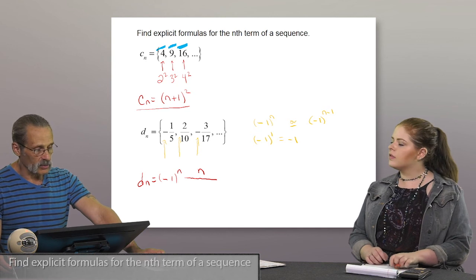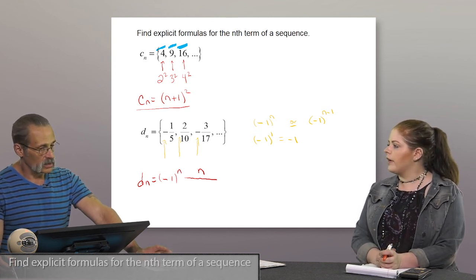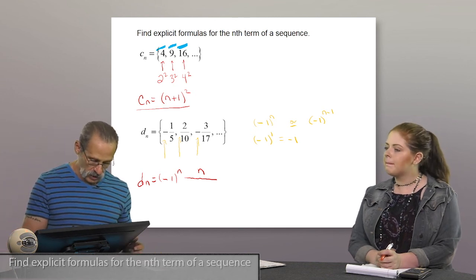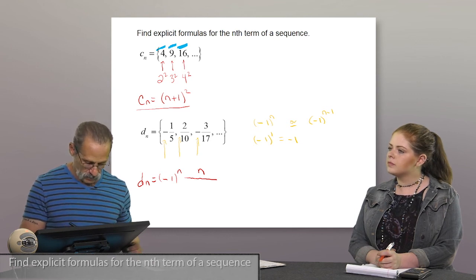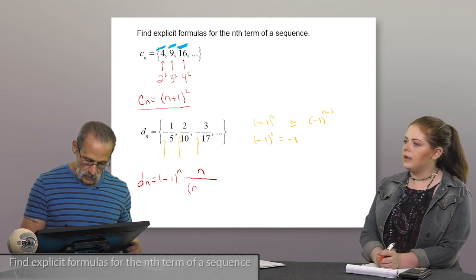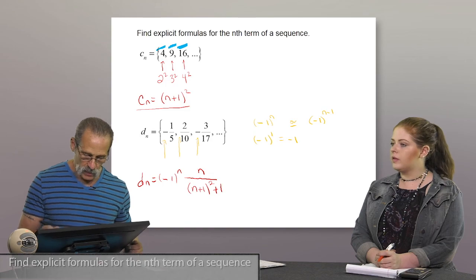These numbers, 5, 10, and 17, are all one more than being a square. 2 squared, 3 squared, 4 squared. So all we do is we take our formula to generate 2 squared, 3 squared, 4 squared. Which was what? N plus 1 squared. And we just add what? Then just add 1. Add 1 to it. Thank you.